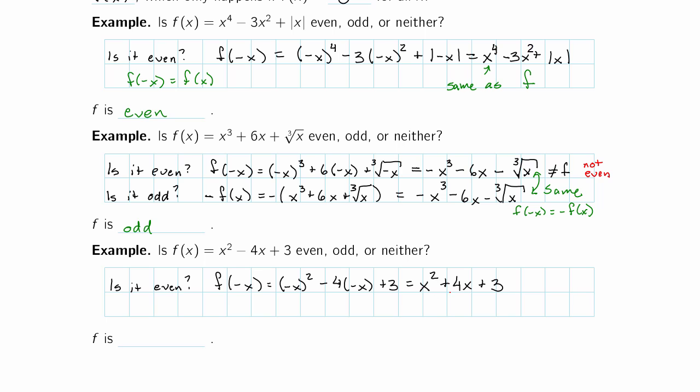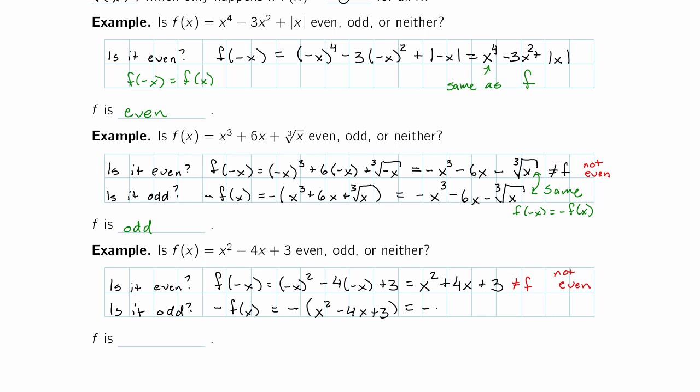So let's see. That's different from f because the 4 is positive here and negative here. So that's different from f. The function is not even. Our next step is to say, is it odd? If we take negative f of x, that'll be negative x squared minus 4x plus 3. Distribute the negative sign.